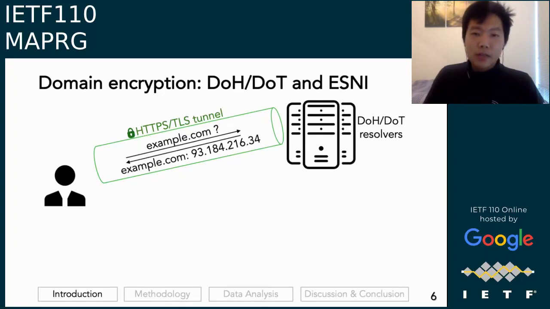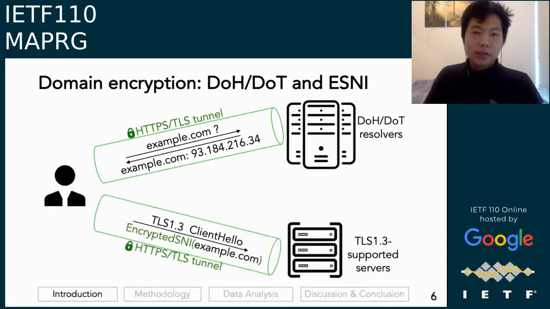After that, all DNS queries and responses are sent over this channel. Similarly, during the TLS handshake process, unlike in previous TLS versions, in version 1.3 the server name indication can be encrypted too. This is optional, not compulsory; in the RFC, it says that it's optional. This new protocol will prevent any on-path observer from seeing plain text domain names on the wire.